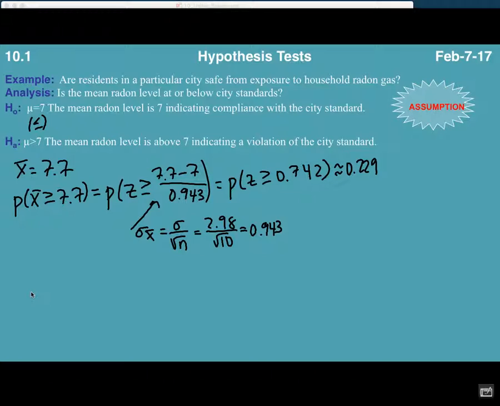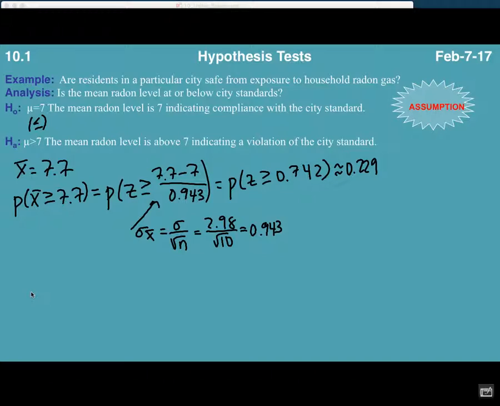So that is the probability of getting a sample mean of 7.7 if mu were actually equal to 7. So about 23% of the time, you're going to get a sample mean of 7.7 or bigger if the population mean is 7. Is that fairly likely or very rare? Fairly likely.